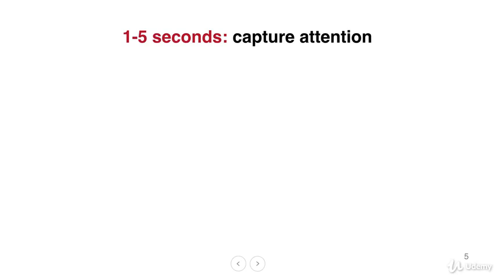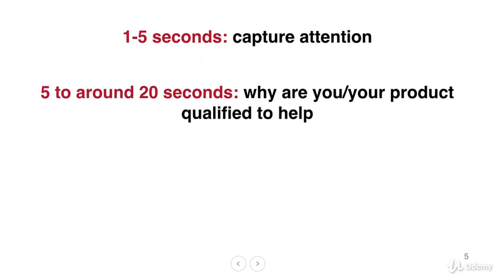All right, so after those 5 seconds, what you could do is explain or demonstrate, which is usually better, why you or your product are qualified to help them improve their business, or simply to reach the goal that they're looking for while browsing on that video.